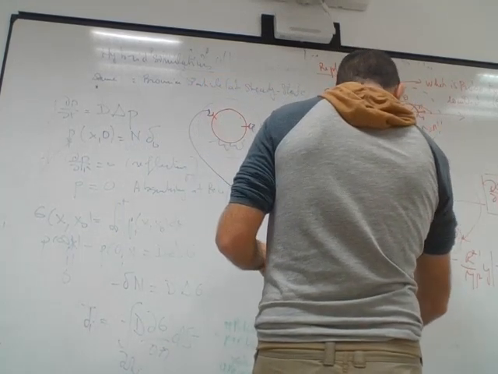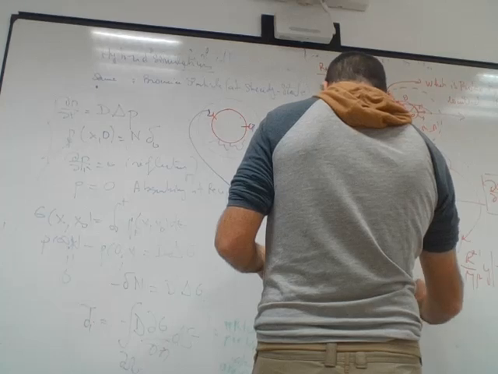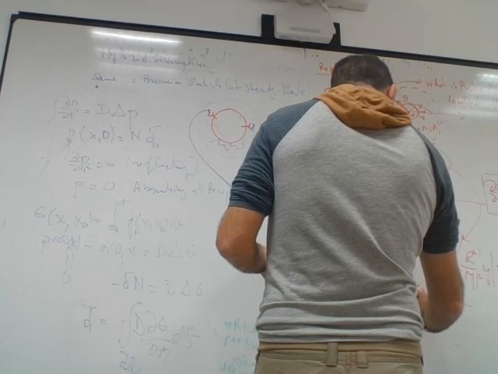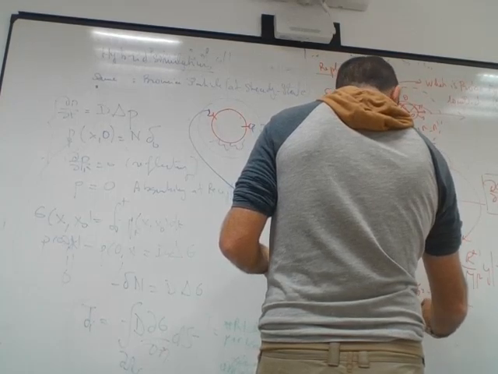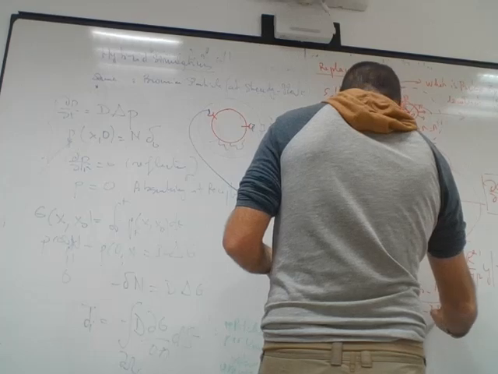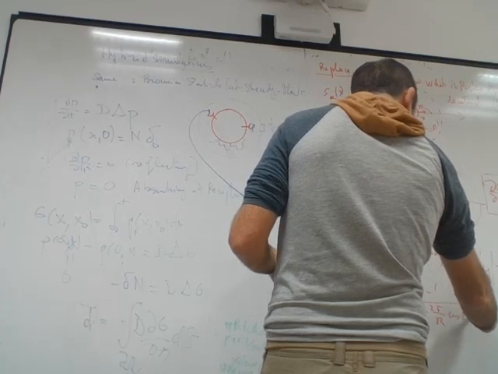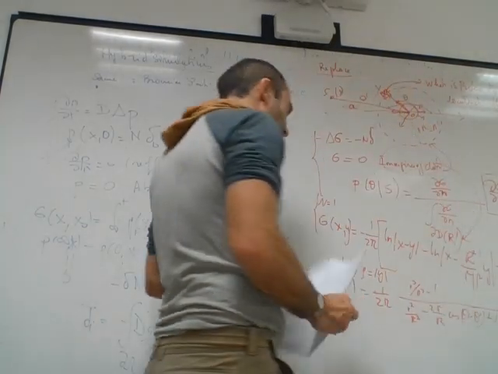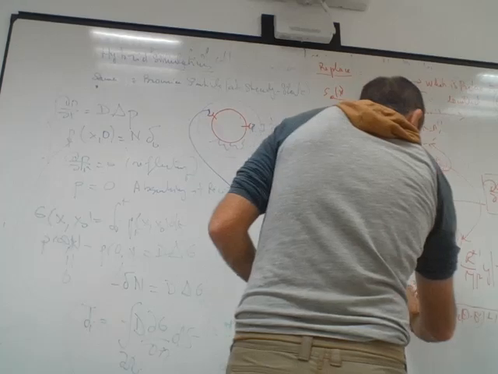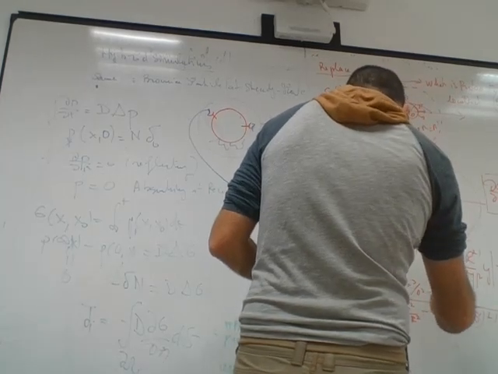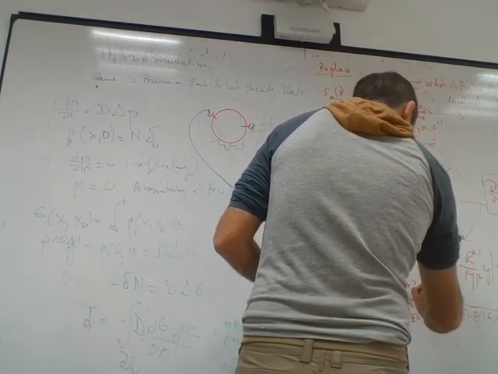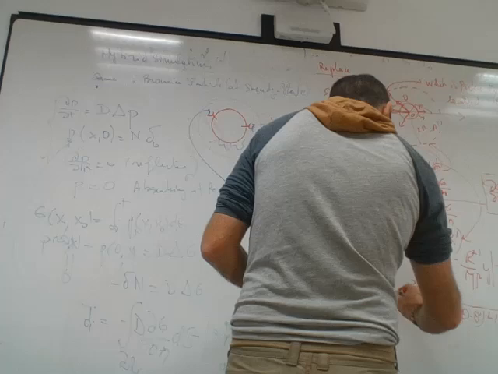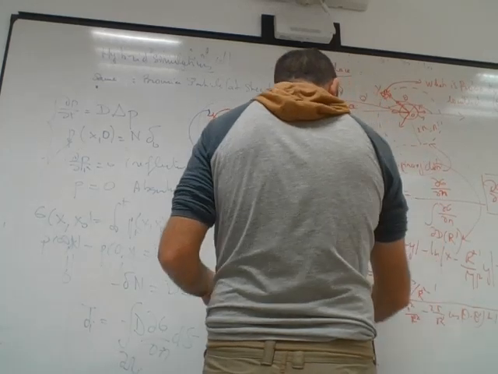So you get 1 over 2 pi, R squared divided by R squared minus 2 r R cosine of theta minus theta prime plus r squared, and this is R prime, R prime, R prime, and this is pi.